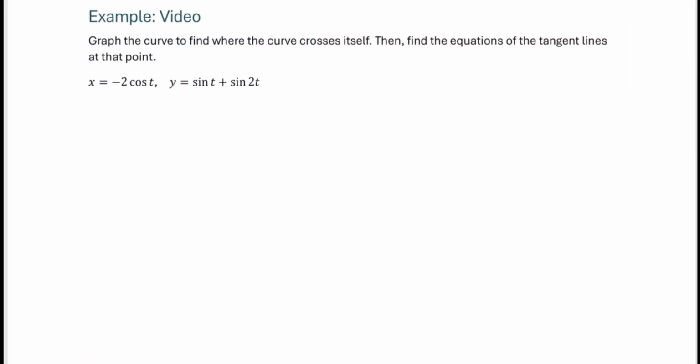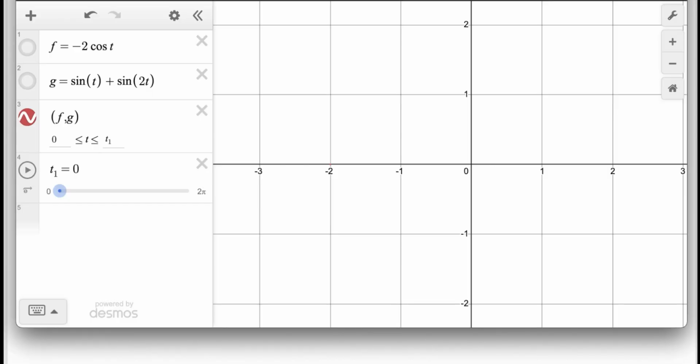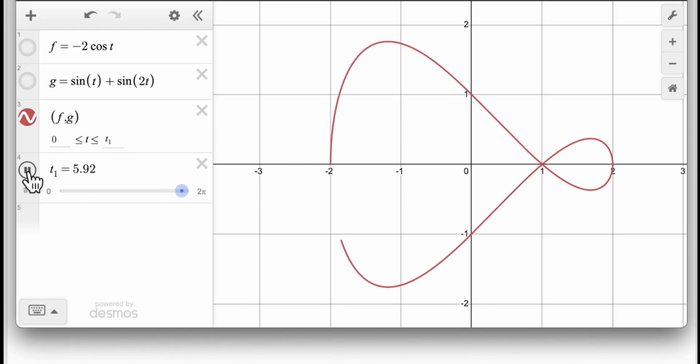In this video, we will again be finding tangent lines to a parametric curve. Let's start by graphing the curve. In Desmos, I already have for you the two equations, and let's see what happens when we trace out t. So we get this cool looking shape, and we first want to find where the graph crosses itself.